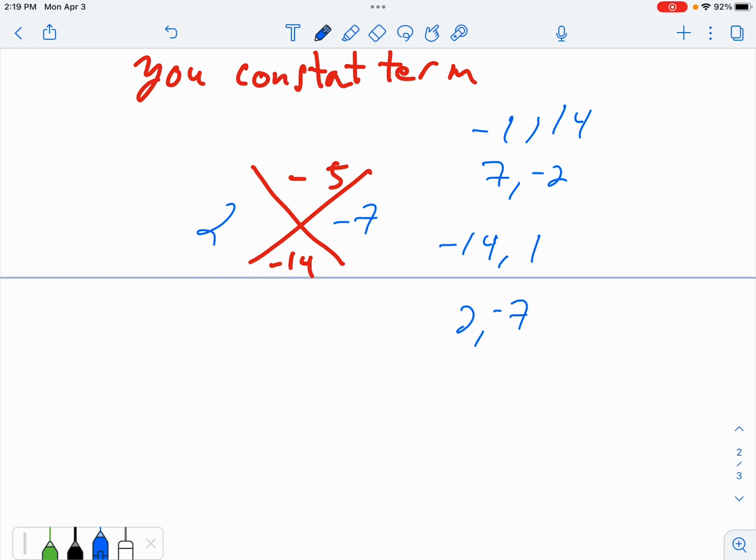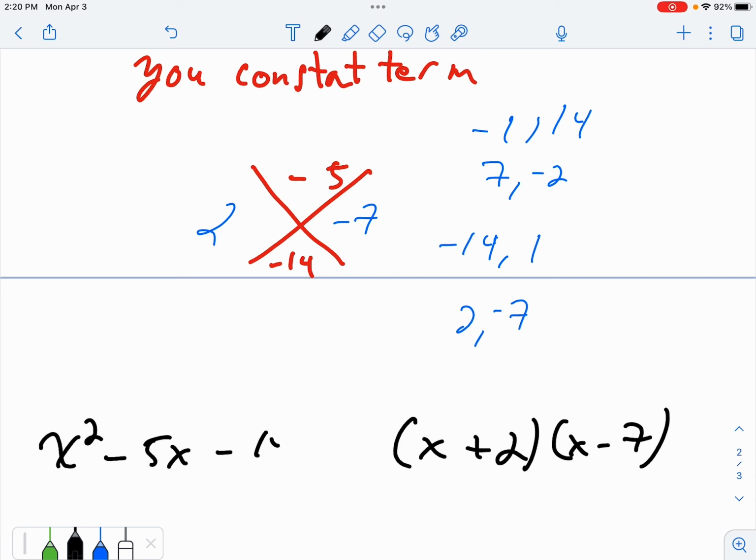And the last step here is to basically form these two binomials, which are made up of the numbers you found, x plus 2 times x minus 7.